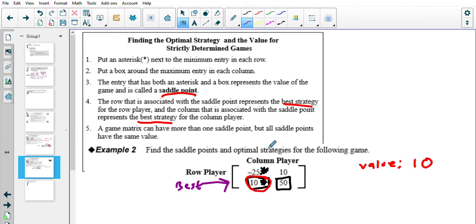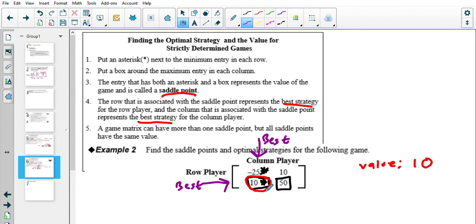And the best strategy for the column player is to play the first column. Not really told what the options are, but whatever option for the row player is the second option, and whatever option for the column player is the first option are going to be their best or optimal strategies.